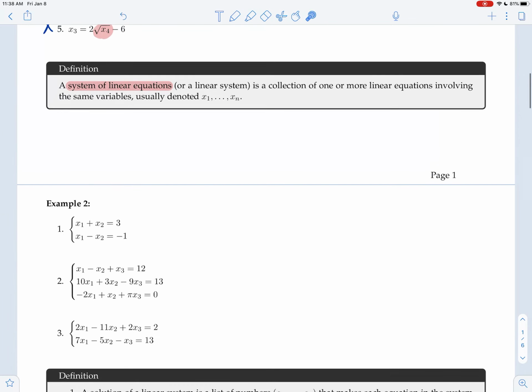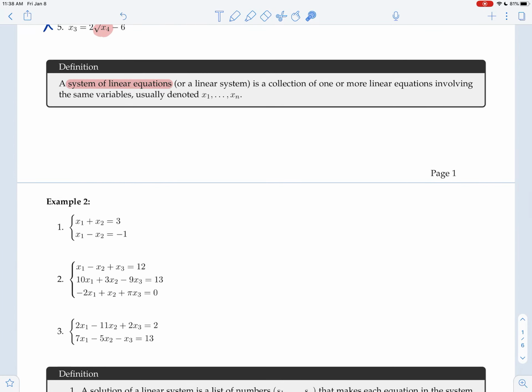So here's some examples of linear systems that I just wanted to work through with you. So you can see these are linear equations. I've gone ahead and written them all nice and neat, where you have the variables on the left and the constants on the right. It doesn't have to be that way. You may have to rearrange things in your problem, but here's a classic linear system. I wanted to make sure that we're comfortable naming these things.